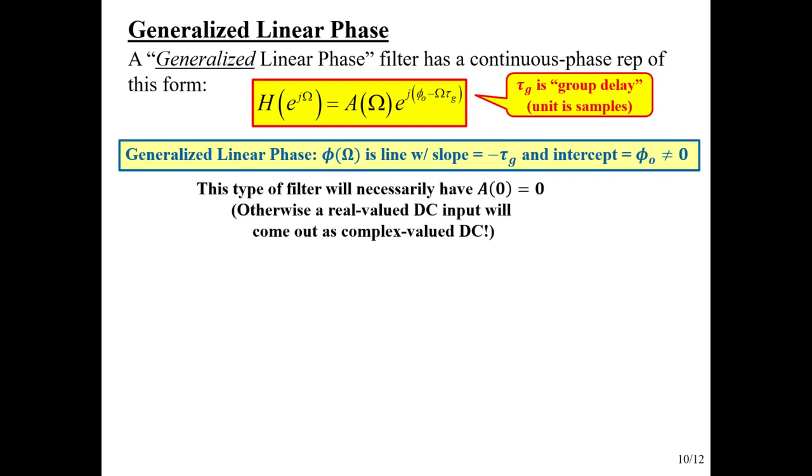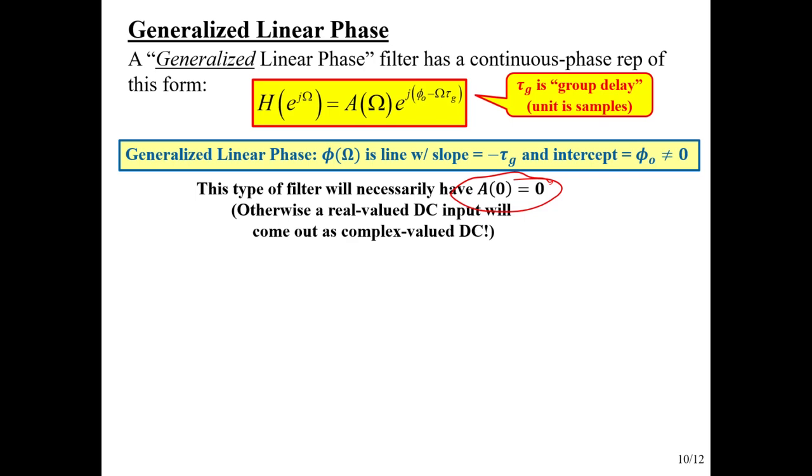And we can see that this type of filter can't really be a low-pass filter or really a band stop filter. Could be band pass, could be high pass, because we need A of 0 to be equal to 0.